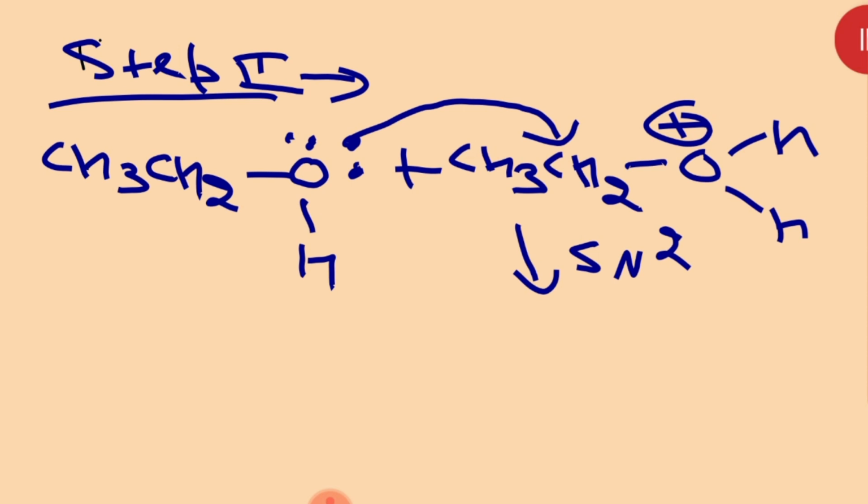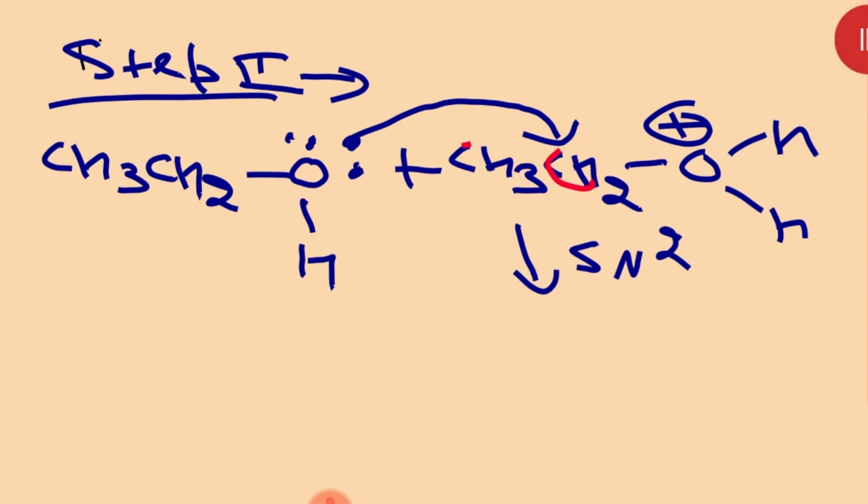Now there is a positive charge on the oxygen atom. Okay, then the carbon of the CH2, which carbon? This carbon of the CH2 becomes electron deficient. Electron deficient. So that is why nucleophilic attack will be there.